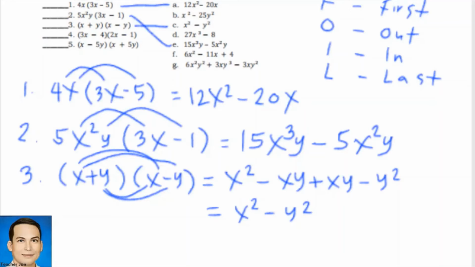Now for the number 4, number 4 is also a binomial and another binomial, a product of these two binomials. So let's write here. First binomial is 3x minus 4. Then multiply to another binomial, which is 2x minus 1.